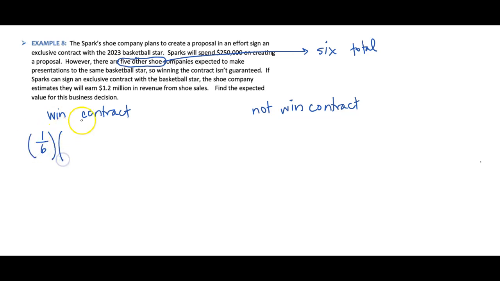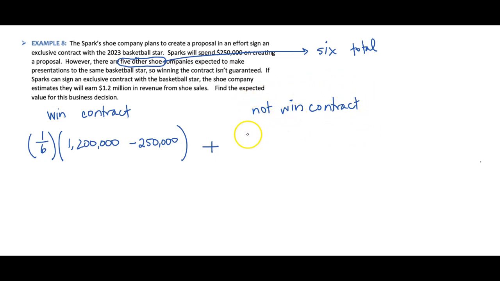The amount that the contract would be worth in this case is $1.2 million, or $1,200,000, but we have to remember that they're going to spend $250,000, so we want to take that away to have only what they would take home after the proposal. And then we'll work on the same probability and value of not winning the contract.